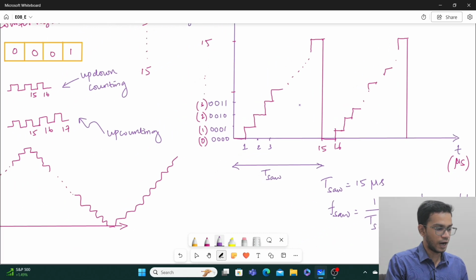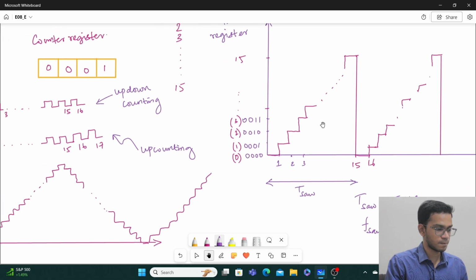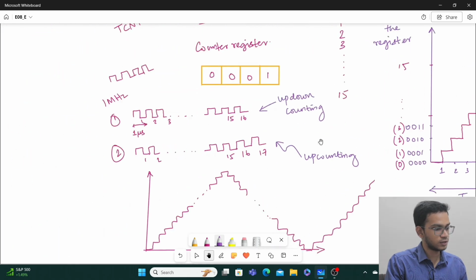Now, I am interested in getting some other frequency other than 66.67 kilohertz. So what I will do is tell my microcontroller to not stop counting at 15, but to stop counting at 10 itself. Let me write this.